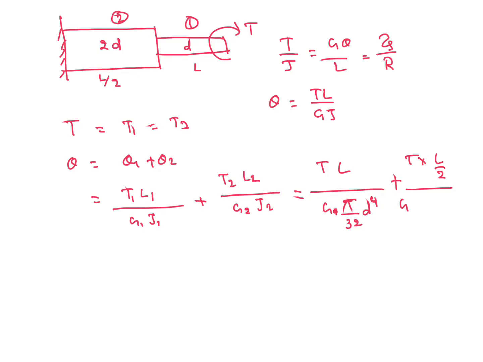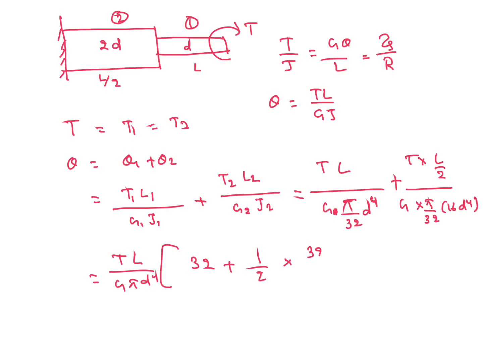So 2 to the power 4 it's 16 D to the power 4. Take common TL by G pi D to the power 4, take common. We will get 32 here, 32 plus 1 by 2 into 32 by 16. 2 cancel, 32 plus 1, TL by G pi D to the power 4, it's 33.